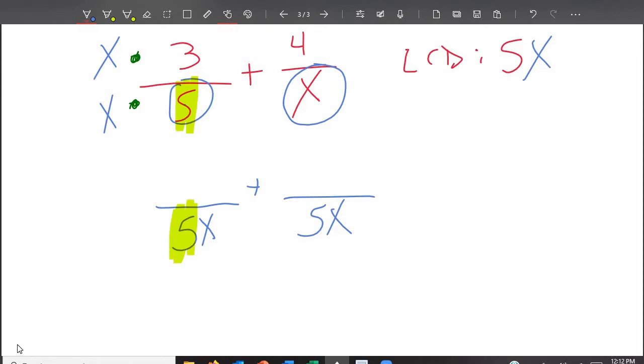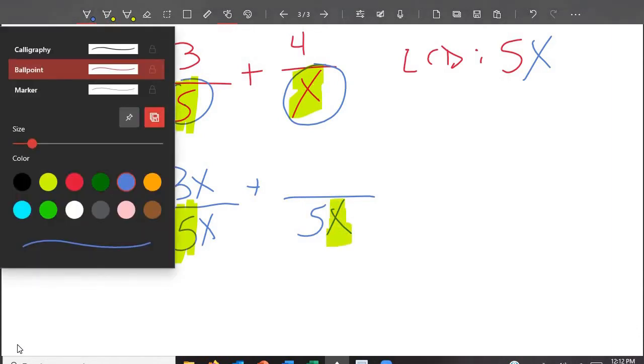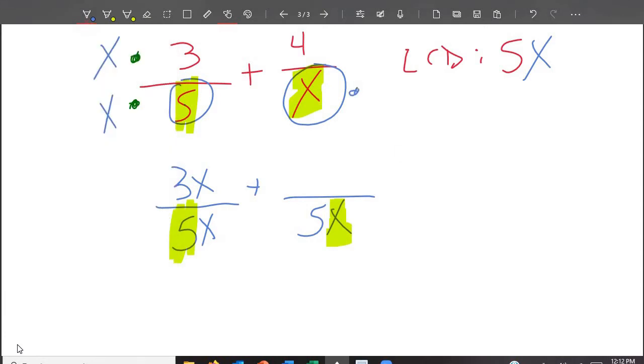And then we'll get 3x. Over here, I'm going to do the same thing. I'm going to highlight the x because that was the original. So that means we have to multiply this fraction by 5.